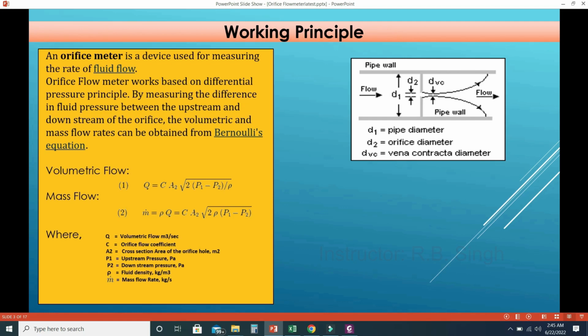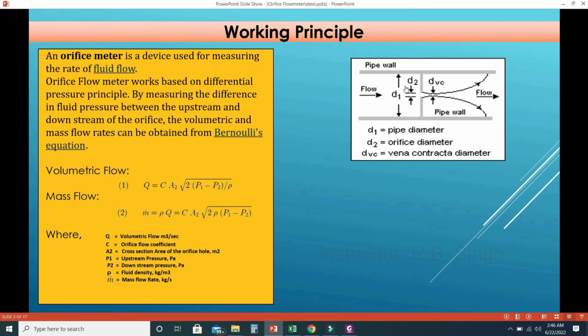On the right side you can see there is a pipe. Inside the pipe there is an orifice plate, and this is the orifice plate hole. This is called the orifice bore. Fluid will pass through this orifice hole and go outside. The high pressure area is called upstream and the low pressure area is called downstream.